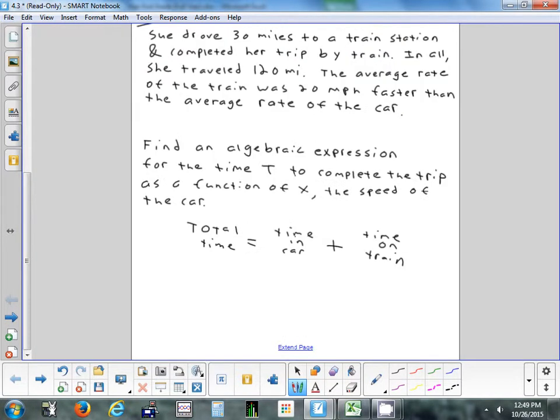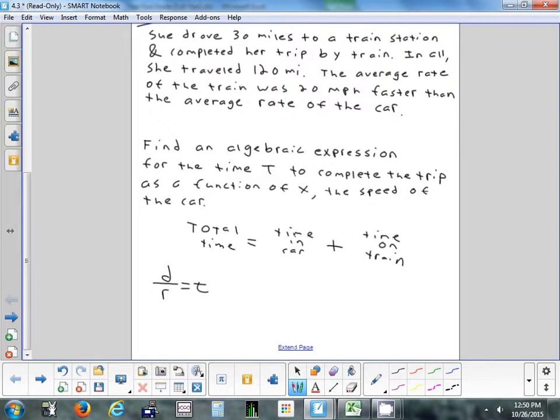So we'll just put that down here. Distance divided by rate gives me time. So I need to find the distance she traveled in the car and the rate she was going at in the car. Then I need to find the distance she traveled on the train and the speed she was going on the train. So let's start with the time in the car.